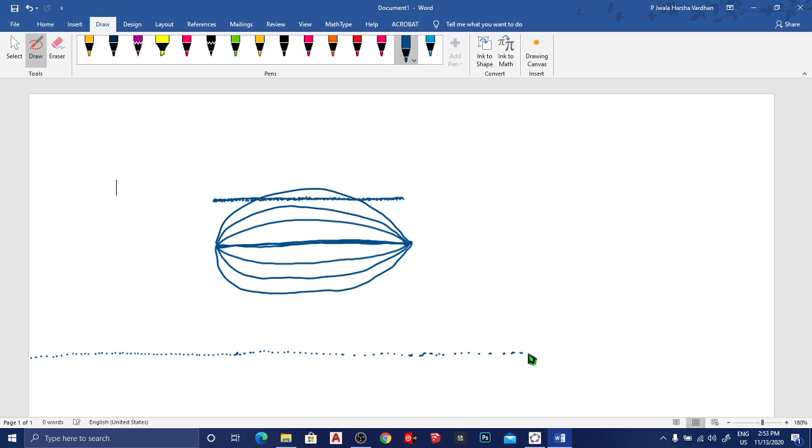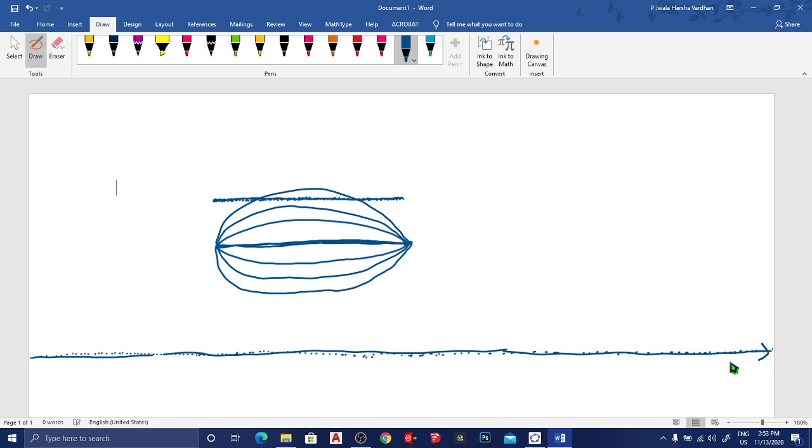It should go on in a straight path only, not in a curvy path. A line is a collection of points extending endlessly in both the directions in a straight path. That is called a line.